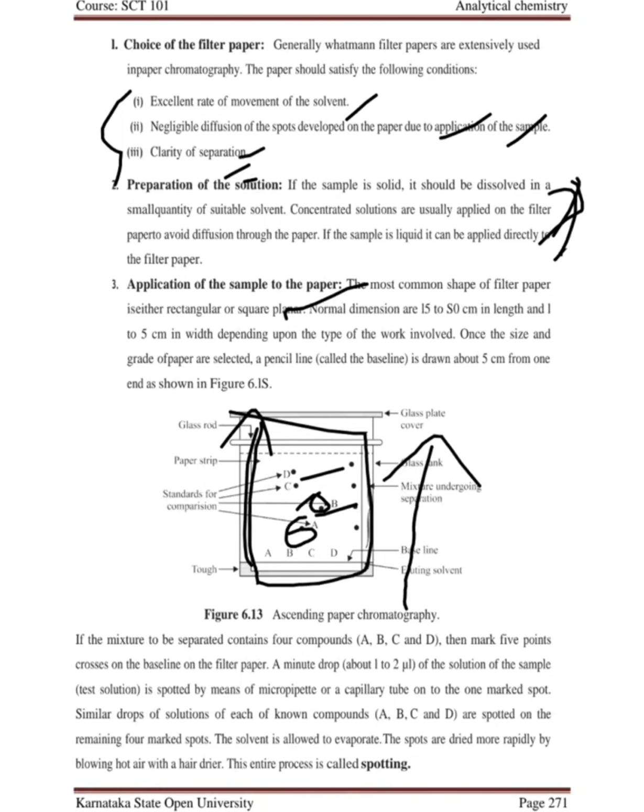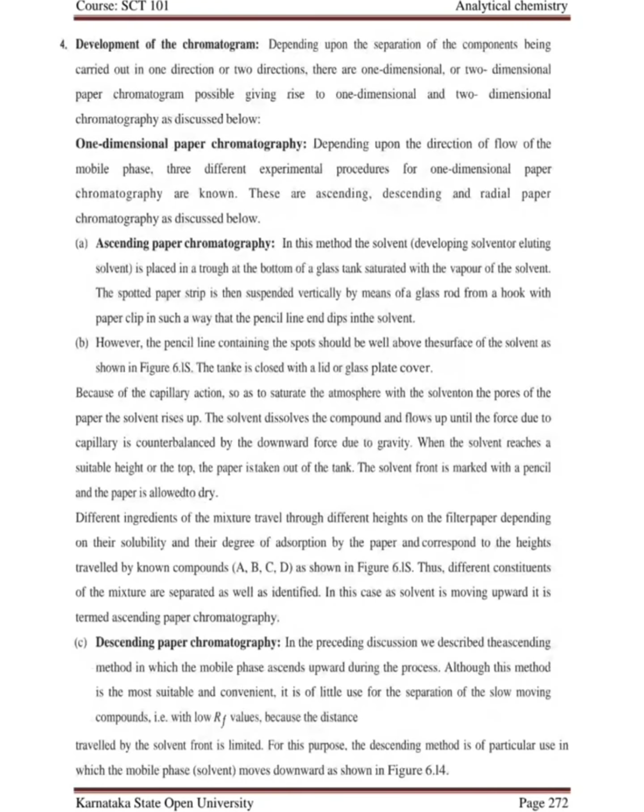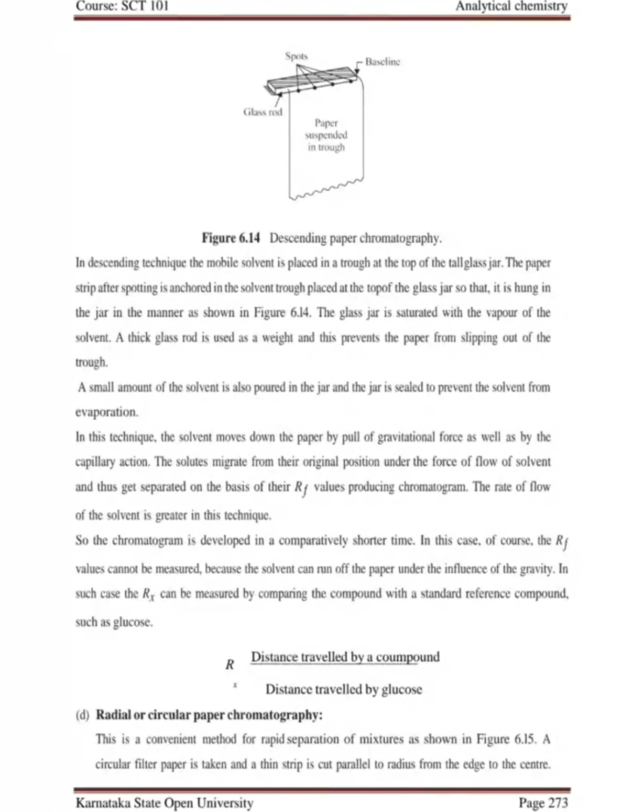In descending paper chromatography, the mobile phase moves from the upper to the lower phase. In this method, the mobile phase is in the reservoir, and it is dropped by a wick, the spots are applied as before, and the mobile phase runs from above to downwards. This is known as descending paper chromatography.